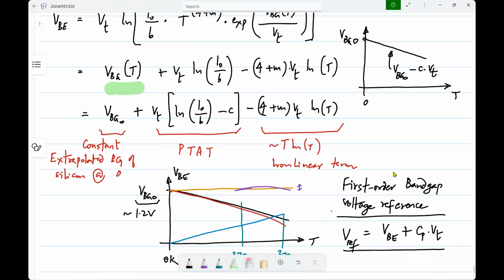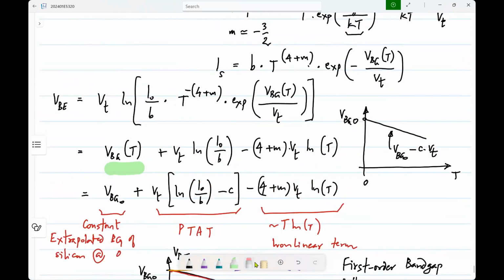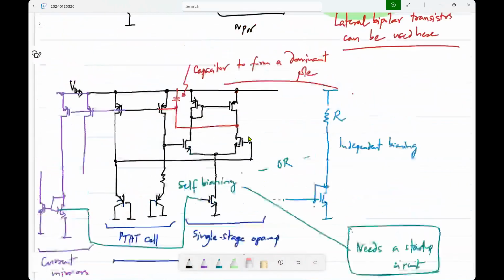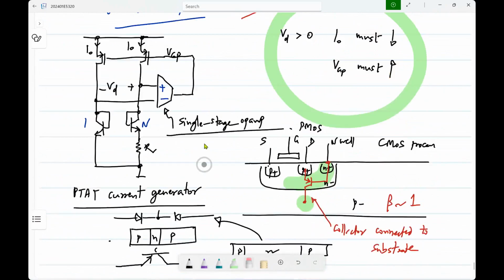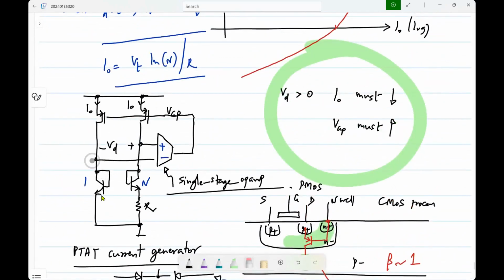Now there are some details here. One particular detail I will show. In this case, I have assumed I naught to be constant. But actually, if we make the PTAT cell, what is the nature of currents flowing through these bipolar transistors? Is it constant? It is obviously PTAT.